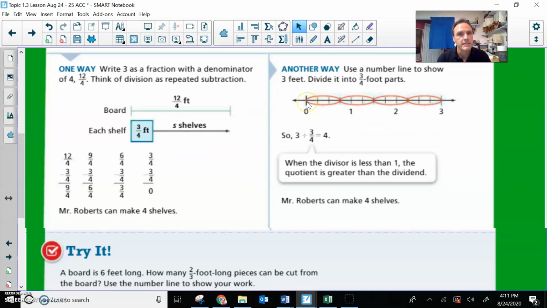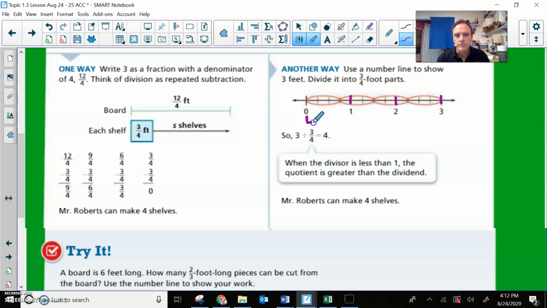So they give you this example here. A number line set from 0 to 3, and between the whole numbers, here's 1, that's our whole number, 2 is a whole number, and 3 is a whole number. These are our whole feet marks. We would want to keep track of how many groups of 3/4 there are in this. So we would first mark out fourths.